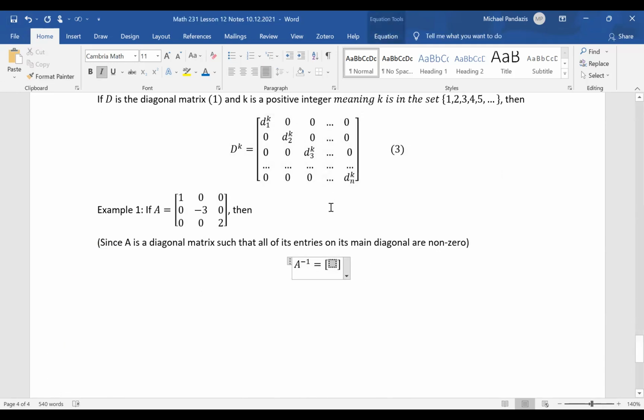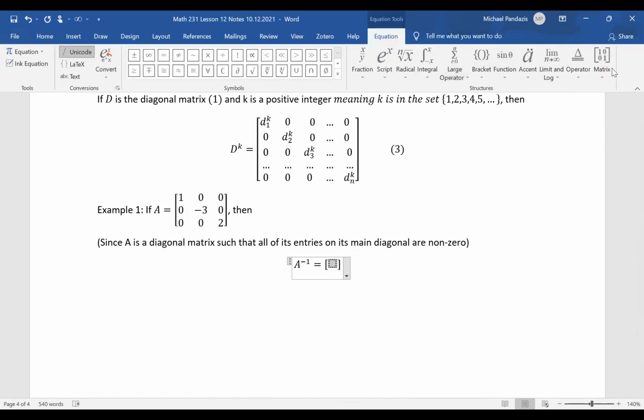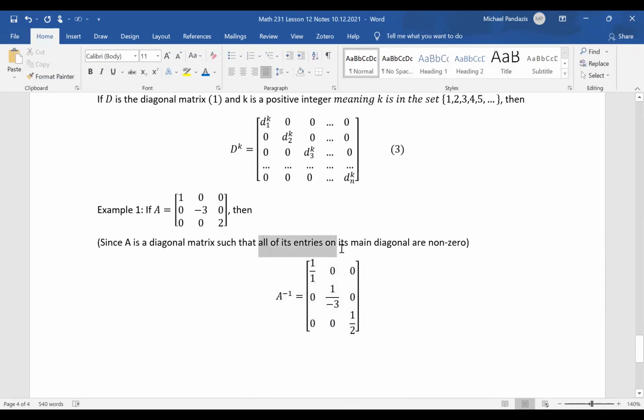And A inverse is just equal to the 3 by 3 matrix where we just take the multiplicative reciprocal of each entry. We can do that because all of its entries on its main diagonal are non-zero, so it's invertible.